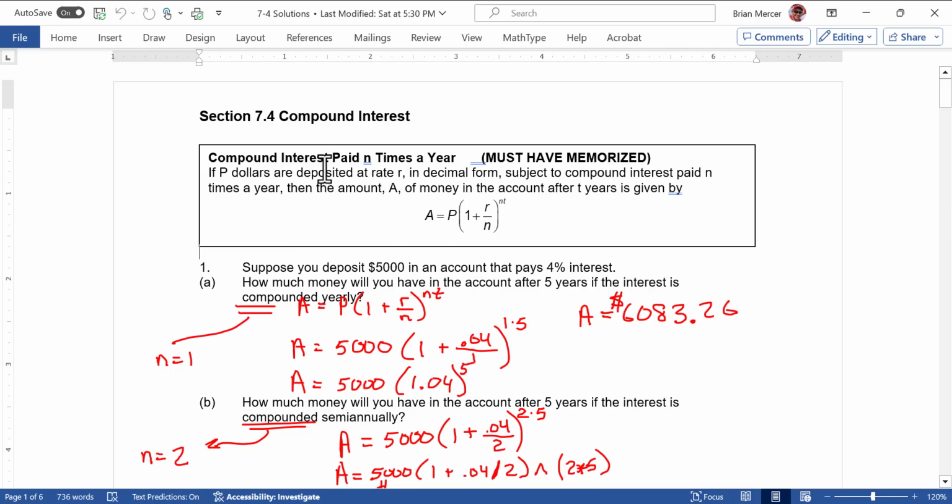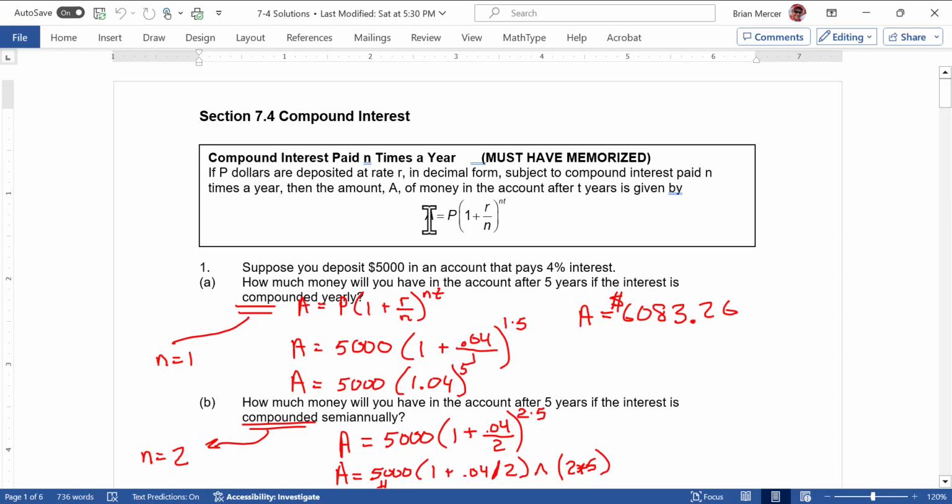So this first formula is just the compound interest paid n times a year. This is the compound interest formula if P dollars, so that's the principal that we're investing, deposited at a rate R, so that's the rate R there in decimal form. Compound interest paid n times per year, so n is the number of payments per year, or number of compoundings per year.